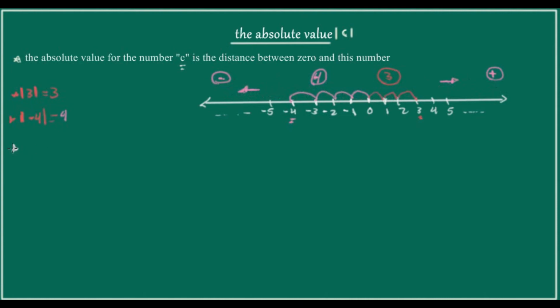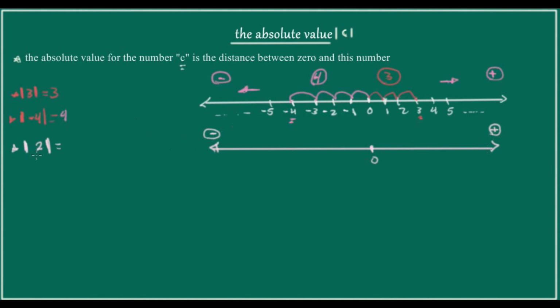Okay, let's take more examples to understand that. If we have the absolute value of the number 2, let's draw another number line here down. Here we have our number line, and we have 2 directions: the positive way and the negative way, and in the center we have 0.